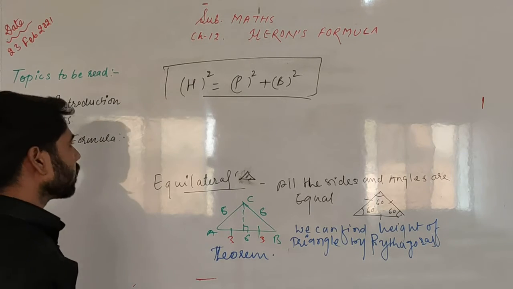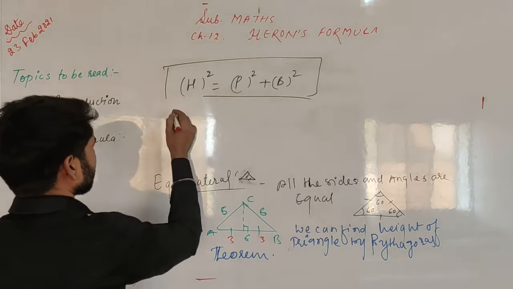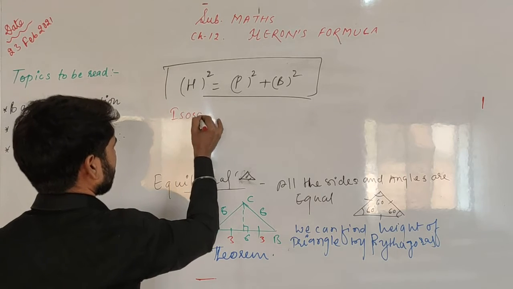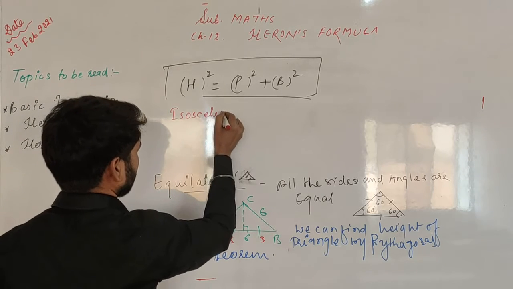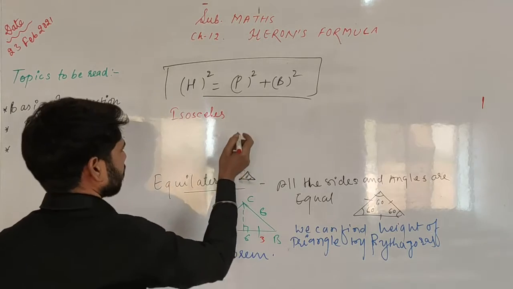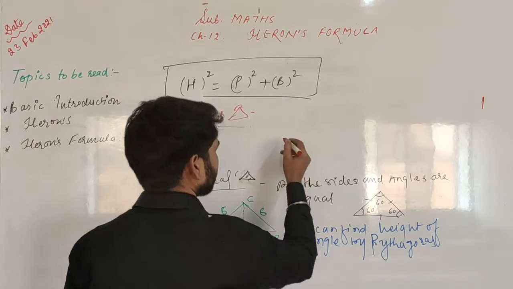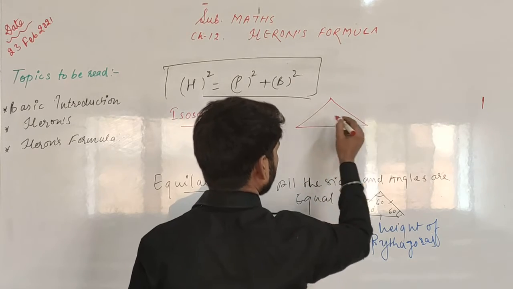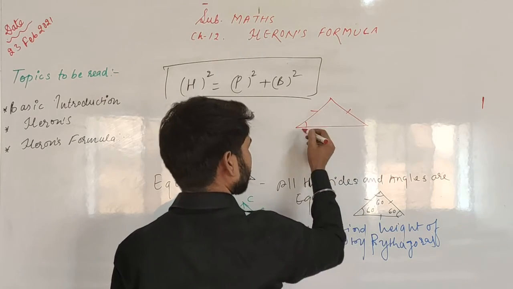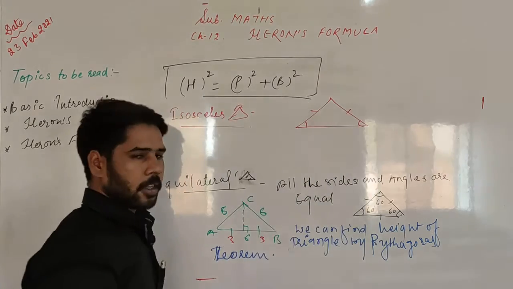If we talk about the isosceles triangle, as you know very well, two sides are equal and two angles are equal.